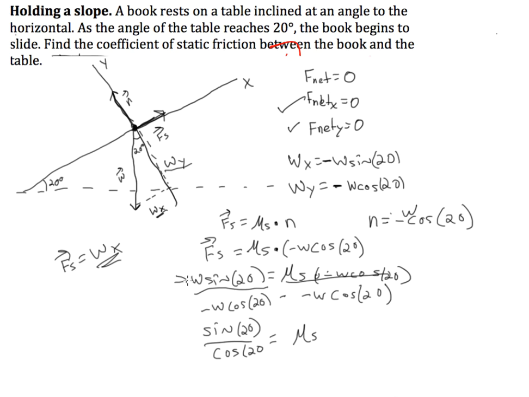So these negative W cancel out. So we can see that mu s equals tan 20. Sine over cosine is tangent. So we can plug that into our calculator and get our answer for the coefficient of static friction.